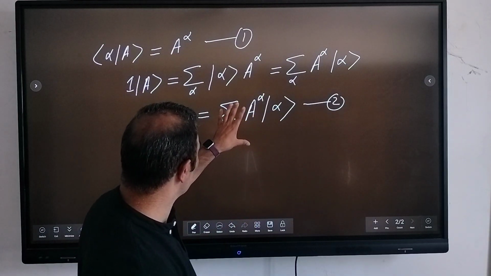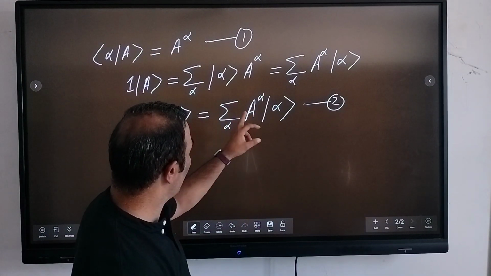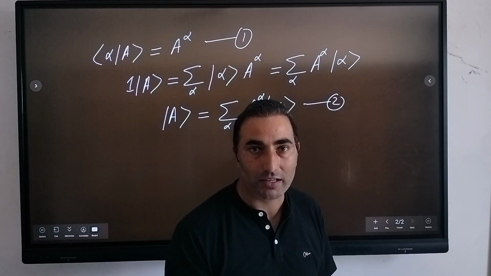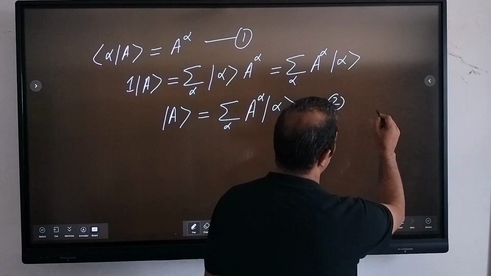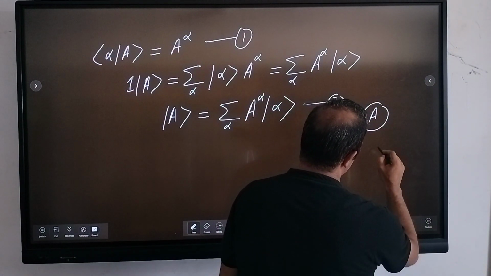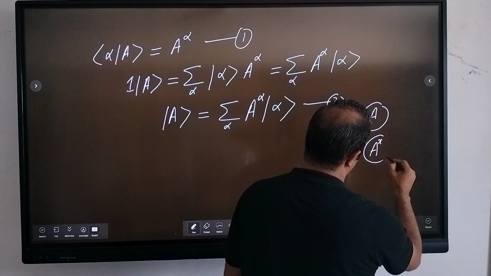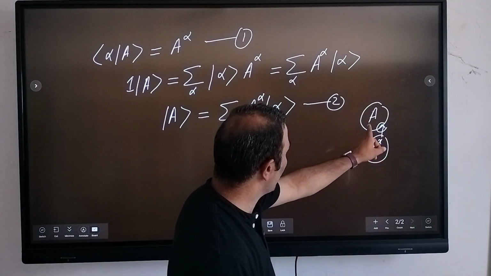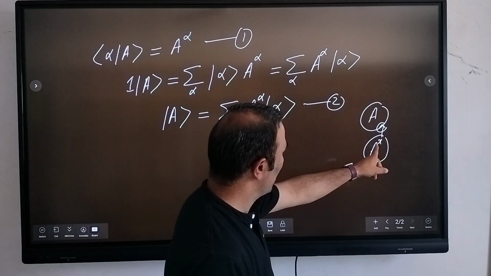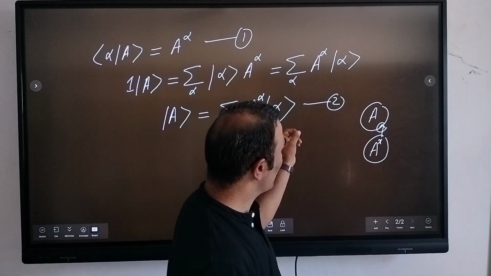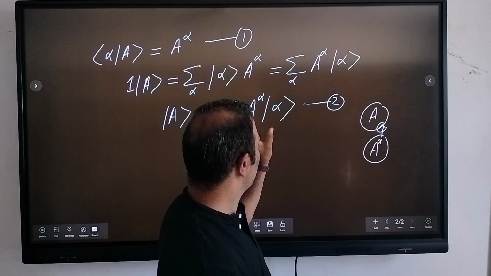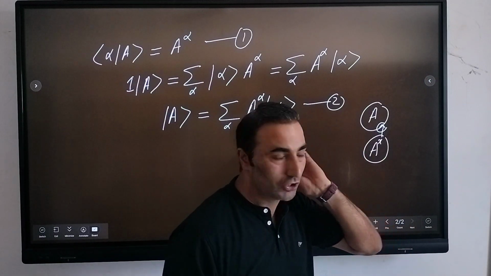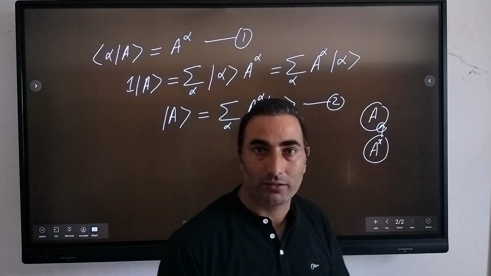तो यहाँ पे ये इक्वेशन मुझे कह रहा है कि अगर मेरे पास, if you know some component of a vector, if I have some vector A, right? Okay. तो अगर मुझे, if I know the first component of that vector, if I know only one component of that vector, and you take it as a product with the ket of some basis vectors alpha, that gives you the total vector A, right?